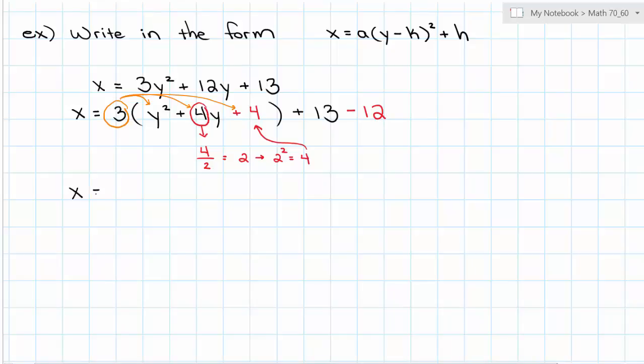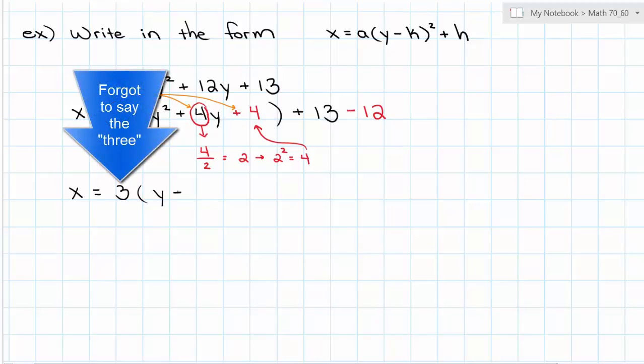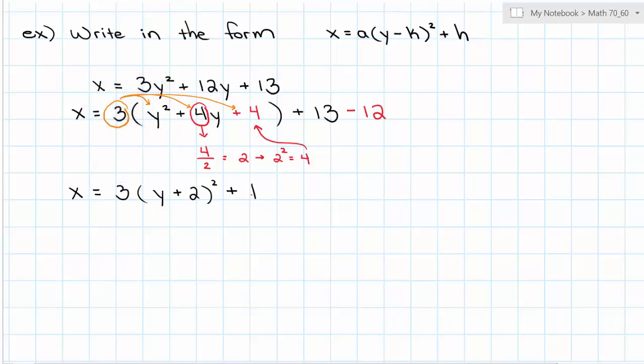Then this becomes x is equal to 3 times (y plus 2) quantity squared, because now we have a perfect square trinomial that we can rewrite in this form, plus 1. And now we have it in this form. I like to call this vertex form because it gives me the vertex immediately. So looking at this, I can see what the vertex would be.